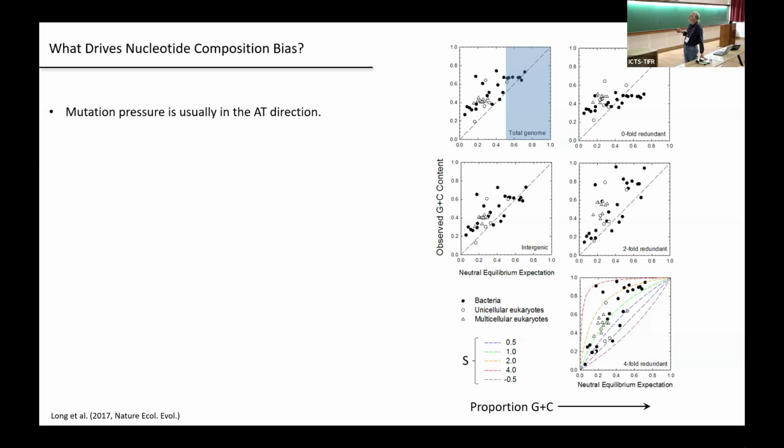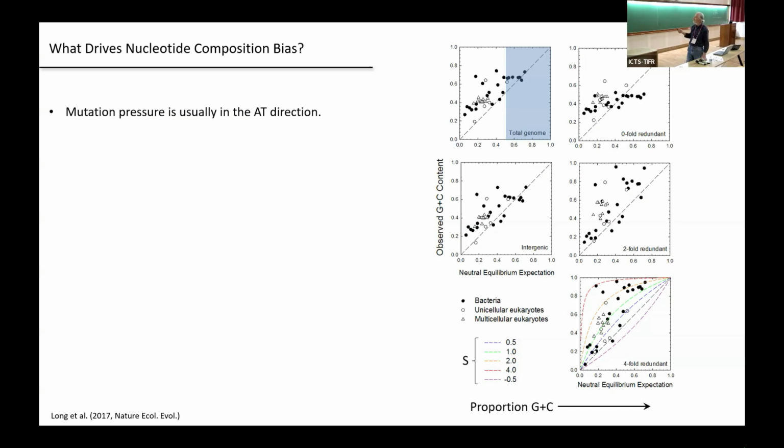A couple things I want to point out is that the vast majority of the points are over here, and that's 0.5. This is the GC composition. So in most species, mutation pressure is in the AT direction. It's not universal, but in most species, that's the prevailing pressure of mutation.